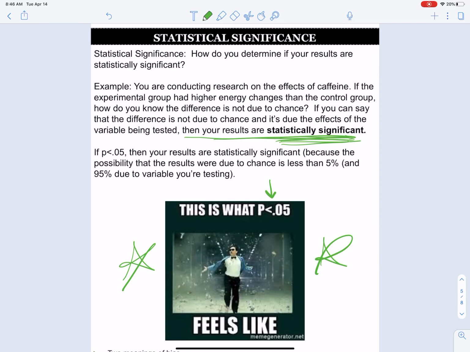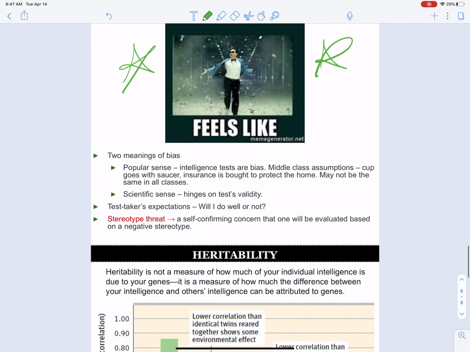That means that there's a less than 5% chance that your results just happened by chance. Okay, so that means that there's a 95% chance that the results you achieved were due to the variable that you were testing. So that's pretty exciting for researchers if they achieve that. Okay, so that is called statistical significance.